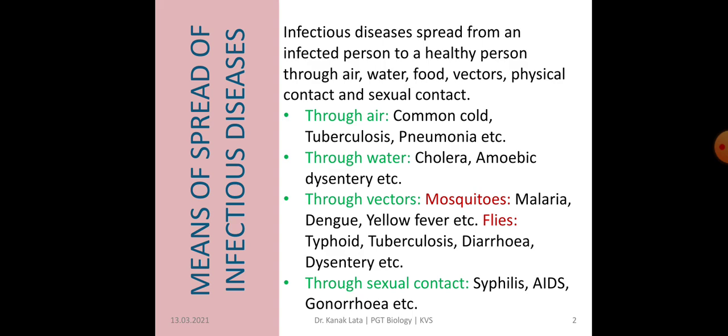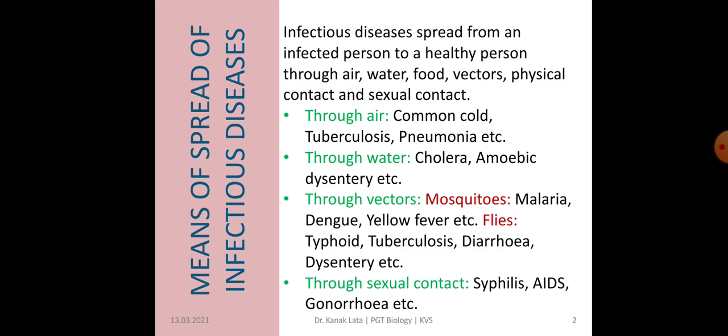First is through air. Through air, common cold, tuberculosis and pneumonia are commonly spread. Through water, cholera, amoebic dysentery, etc. are spread. Through vectors, mosquitoes spread malaria, dengue fever, yellow fever, etc. Flies spread typhoid, tuberculosis, diarrhea and dysentery.